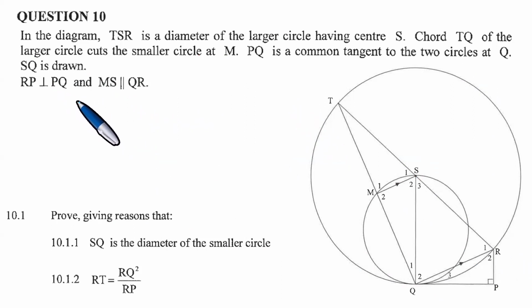RP is perpendicular to PQ, making an angle of 90 degrees there.